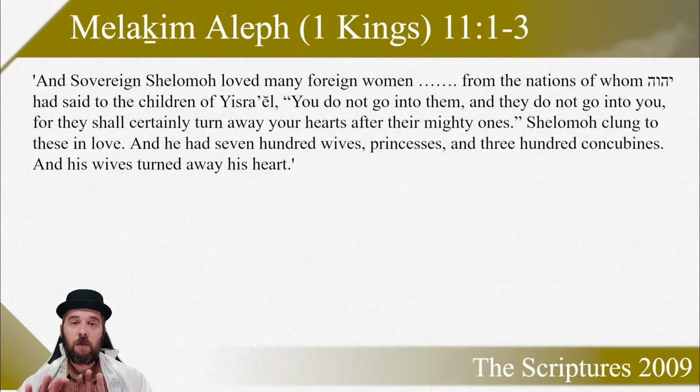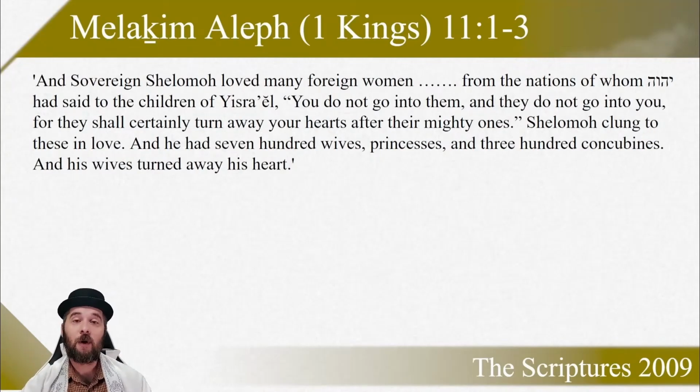A couple of things to notice real quick. Number one, he had a large family, right? 700 wives and 300 concubines. Number two, notice also here that even though he had all these wives and concubines, he's never chastised for it, and it's never said that he did wrong by marrying multiple women. What does Scripture say that he did wrong here?